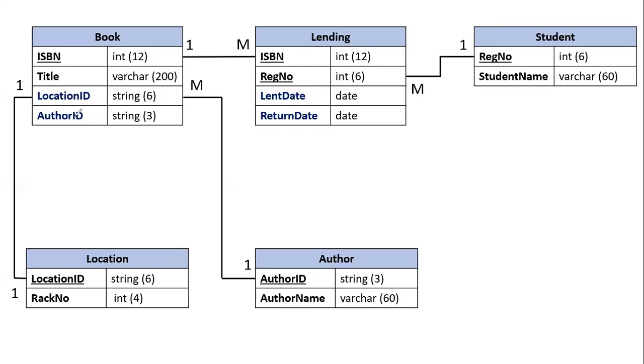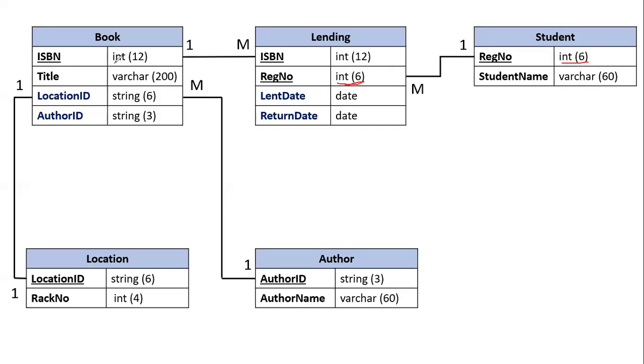Location ID is string 6, author ID 3. Then that is connected with the lending table. And again, student is connected through the lending table. Here the data type is INT with 6 digits for the registration number. Here also the same, so we should keep the consistency of these elements.